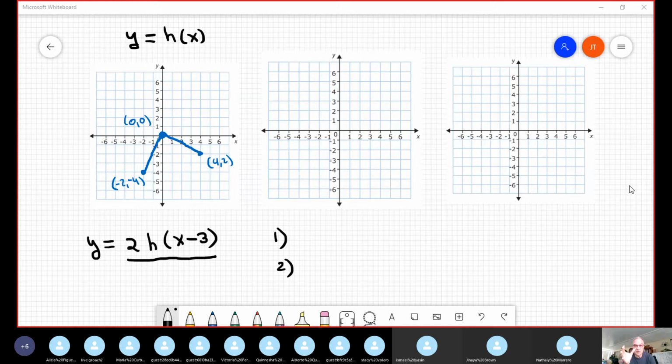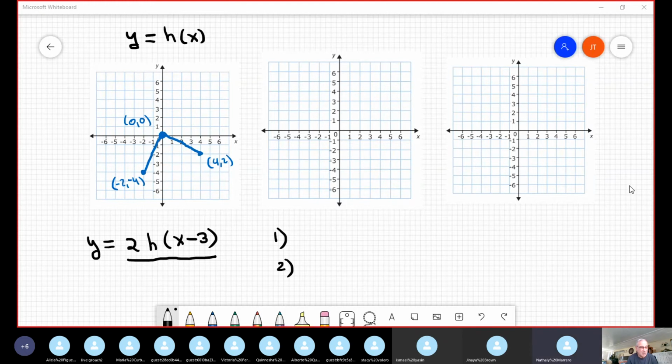Which one? What kind? And the order of the operations, no? Transformation number 1 is this, and transformation number 2 is that. What is the first transformation that you can see? A stretch? According to the order of operations, remember, you are doing the operation inside the parenthesis first.